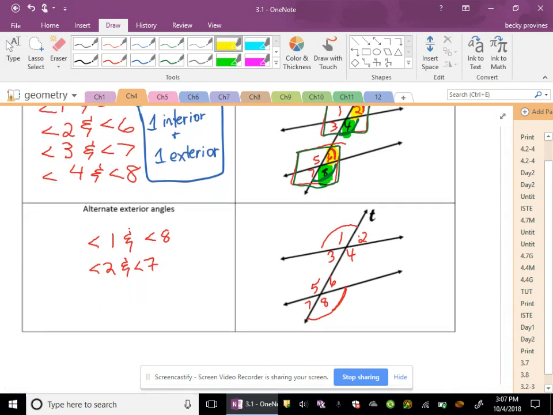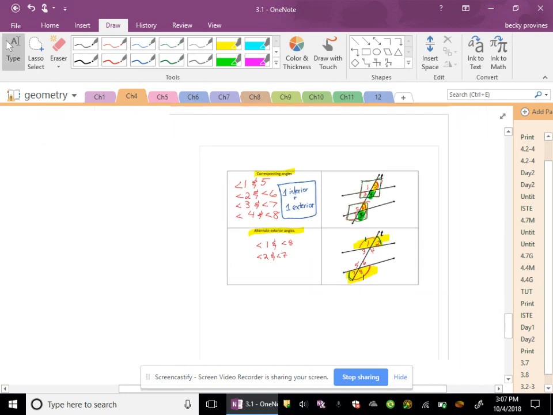Now, the last word that we have for today is alternate exterior angles. So the exterior angles are on the outside. If you're alternating, that's 1 and 8 or 7 and 2.